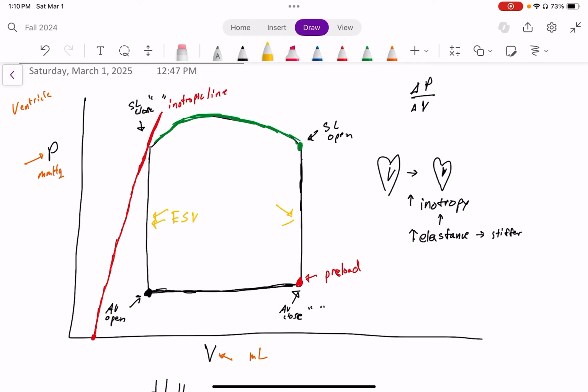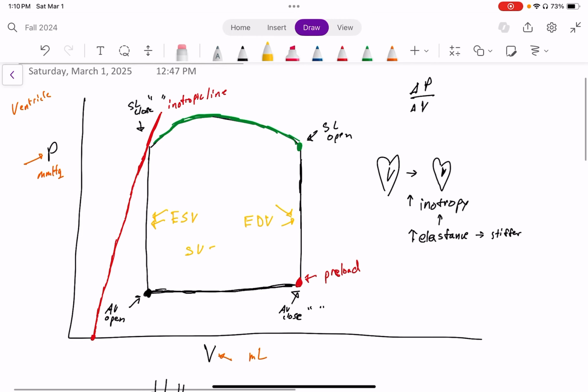And the amount of blood here is the amount of blood at the end of diastole, or end diastolic volume. And remember, stroke volume equals end diastolic volume minus end systolic volume. So stroke volume can be represented by measuring the distance between these two lines. And that would be stroke volume. Okay?